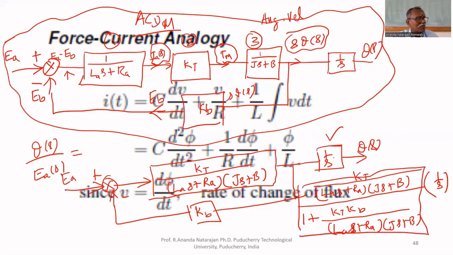Then cascaded with another block 1 by S, so that can be multiplied. That's all. If you simplify this, whatever you got in the previous mathematically, you will get the same. Now we have to take LCM.